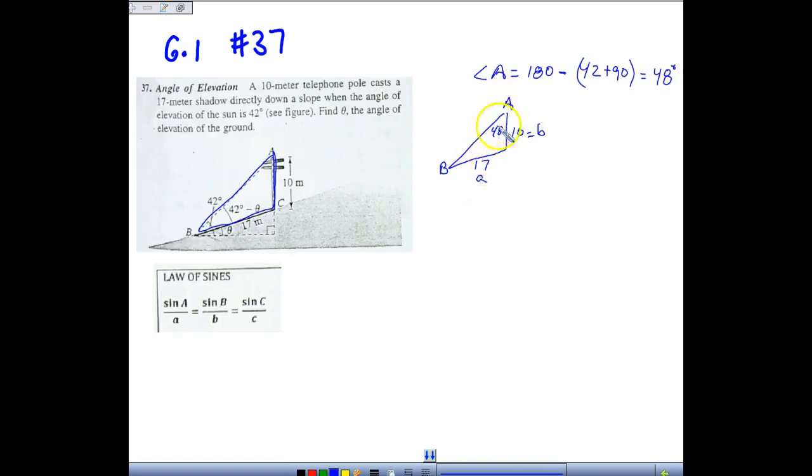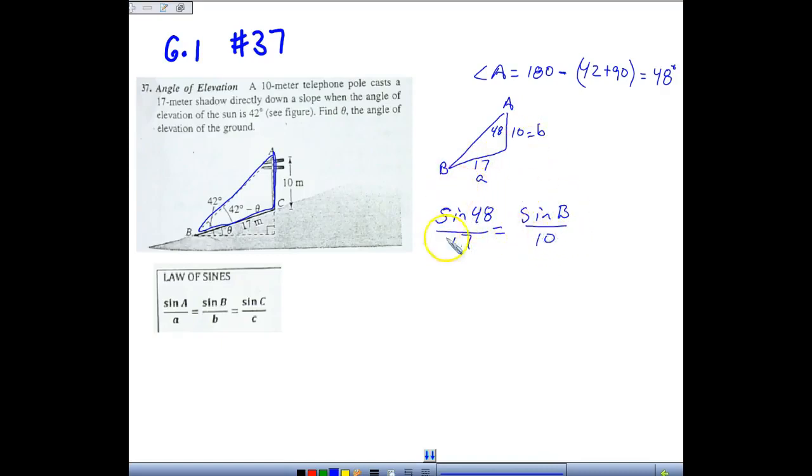To figure out this angle B, here's the law of sines formula: sine of 48 over 17 is equal to sine of angle B over 10.